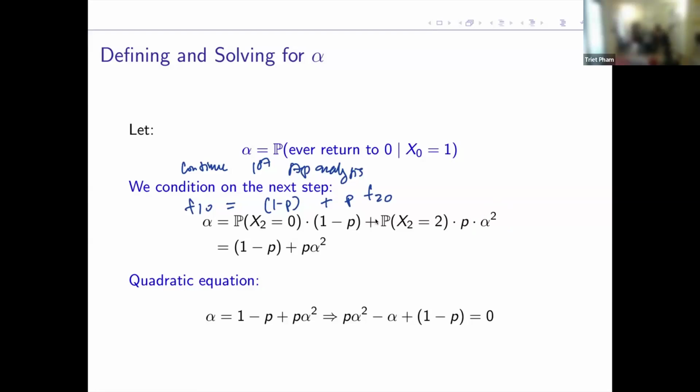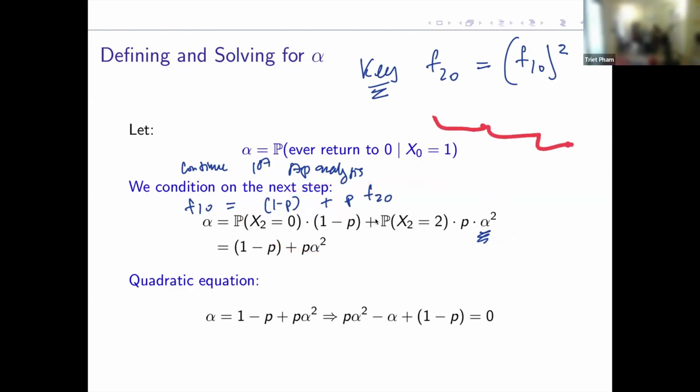And the key observation right here is f20 is f10 squared. And that's the key observation to help us stop this analysis. Because if you have nothing going on here, then you have to move on to the 30, 40, and the game never stops.